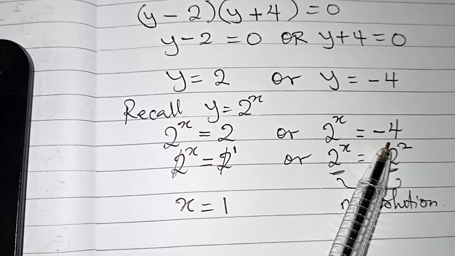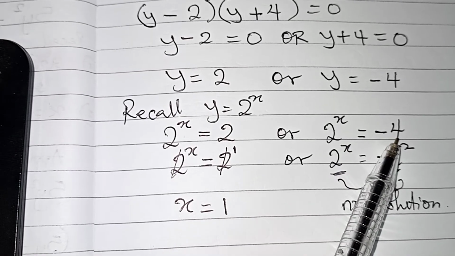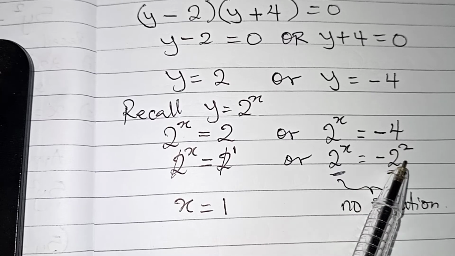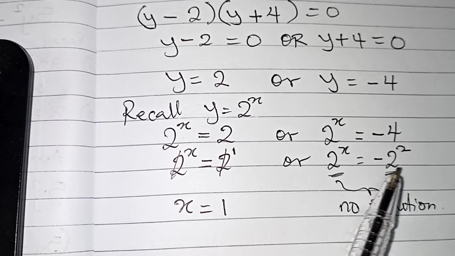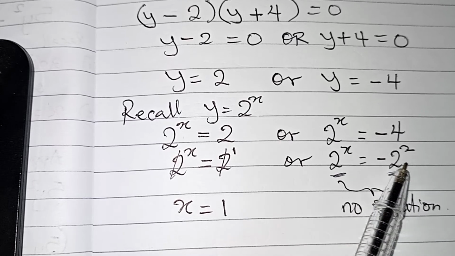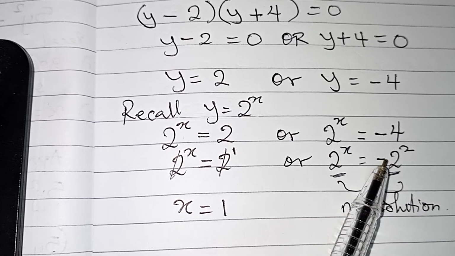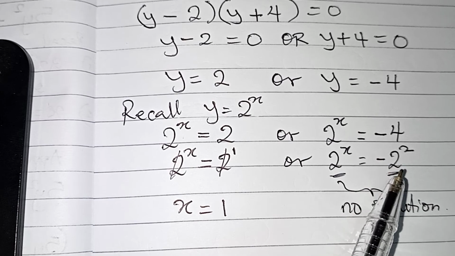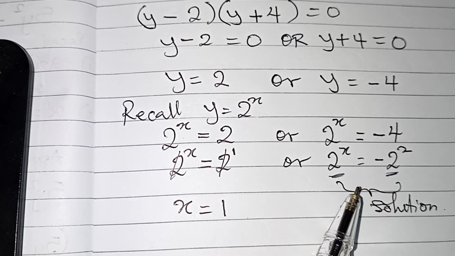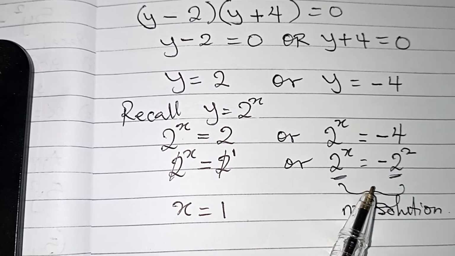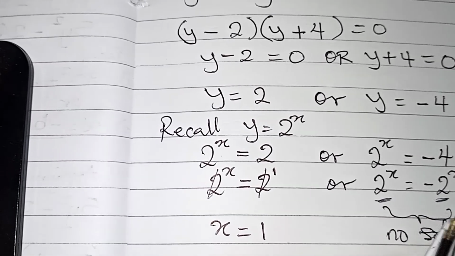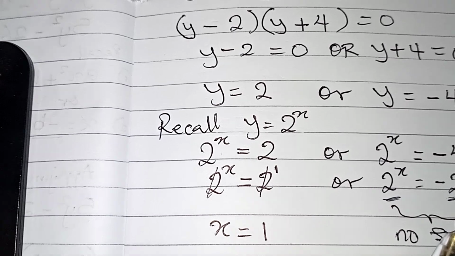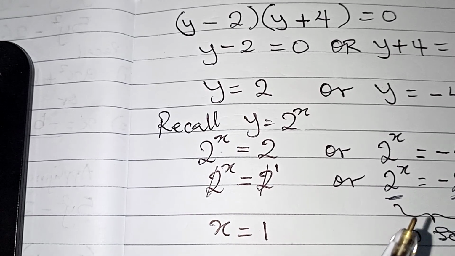For the fact you have a negative sign for this, even when we try to re-express this to have a power, because 2 raised to power 2 simply means 2 times 2, which is 4. The 2 cannot cancel out because of the negative, and it simply means there is no solution. You cannot say x is equal to 2. So this for this. In the next class, we'll solve the other logarithmic equations.